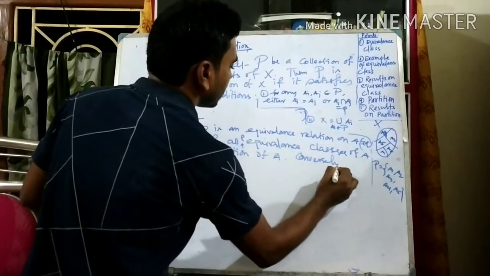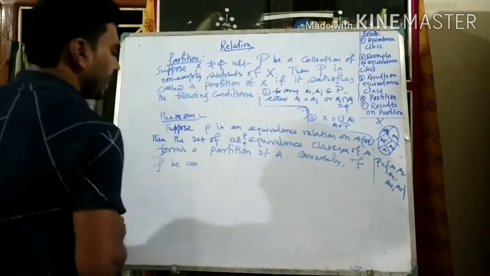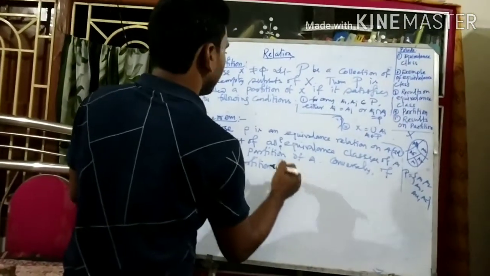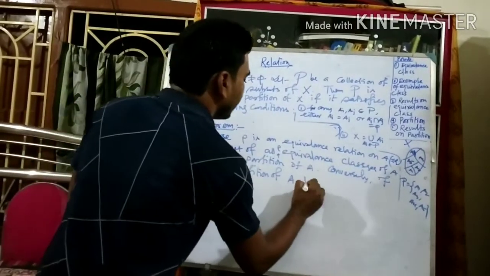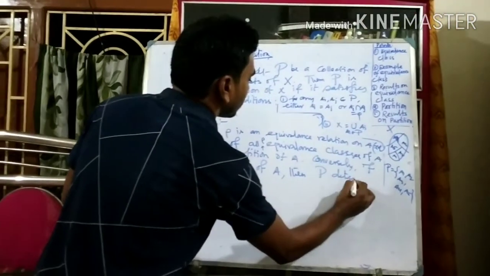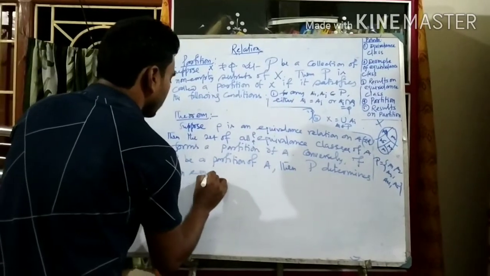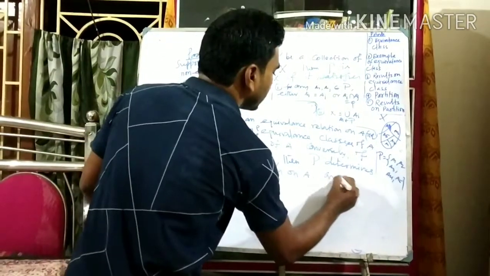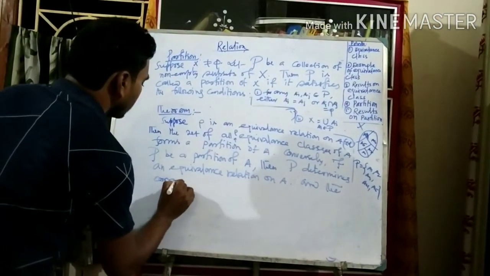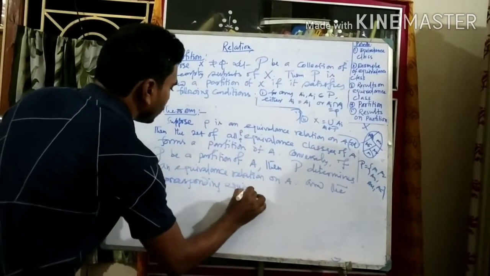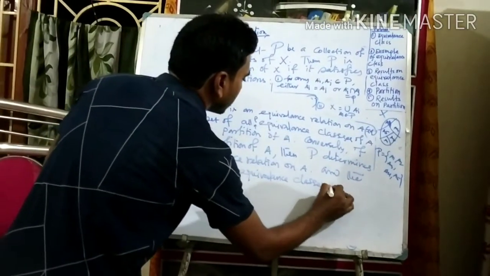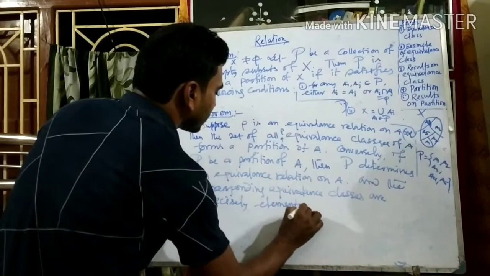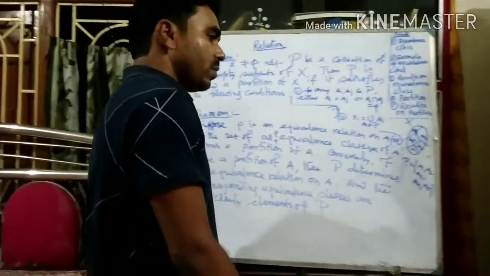Conversely, if P be a partition of X, I have taken here A, then P determines an equivalence relation on A, and the corresponding equivalence classes are precisely the elements of P. Okay.